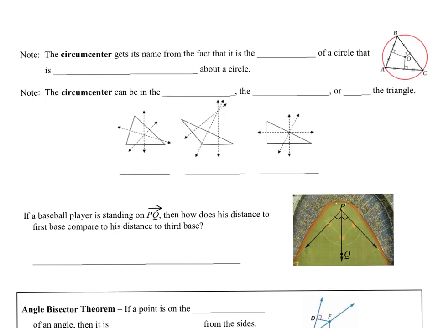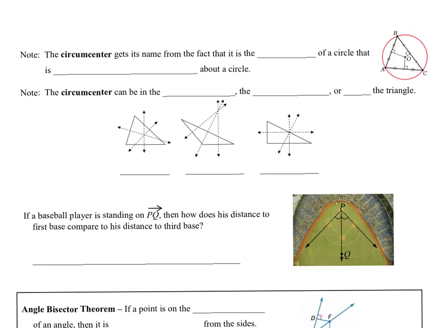So let's talk about where the circumcenter gets its name. Here's a picture of a circumcenter, which as you can see is the point of concurrency of three perpendicular bisectors of a triangle. That point, that circumcenter, is also the center of a circle that is circumscribed about the triangle.